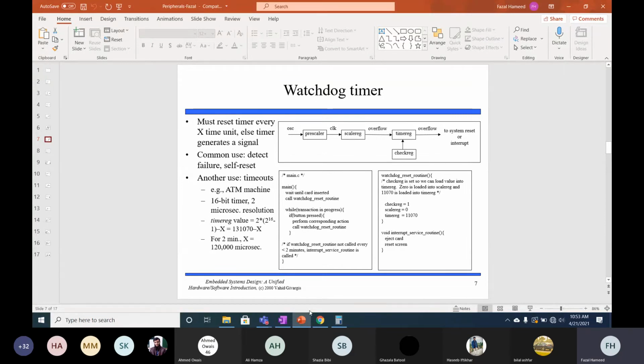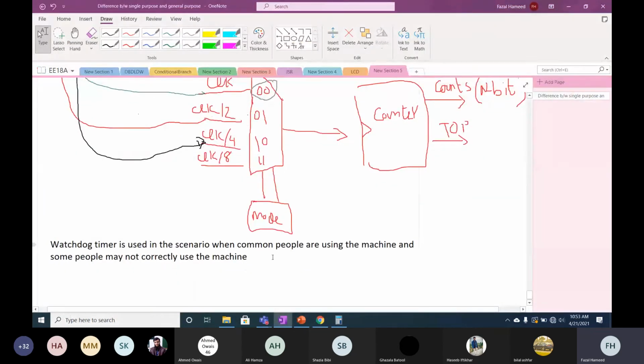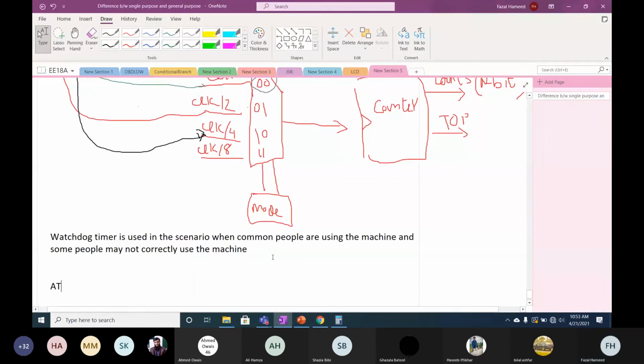In the ATM machine, just take the ATM example.